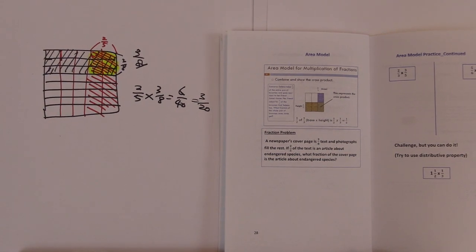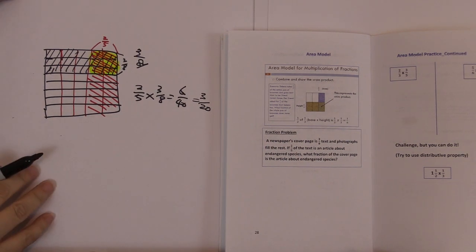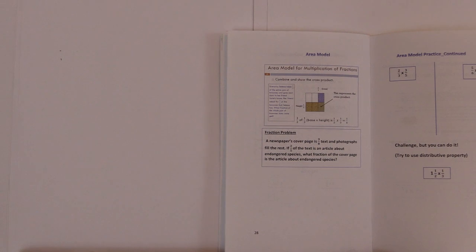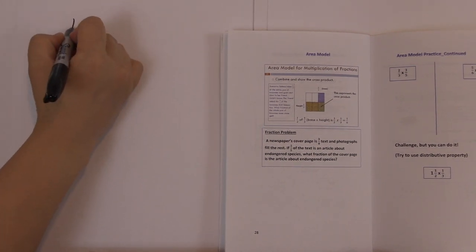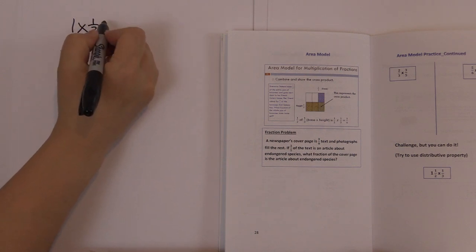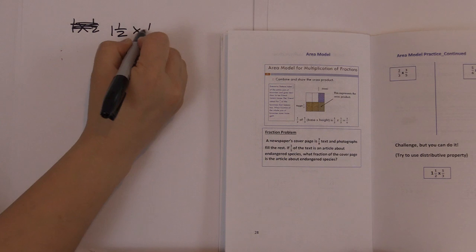But now, I want to talk about the challenging one. So if we have a number bigger than 1, what's going to happen? The strategy book tells you, but that's okay. If we are not sure about this one, that's fine. 1 1/2 times 1/3.